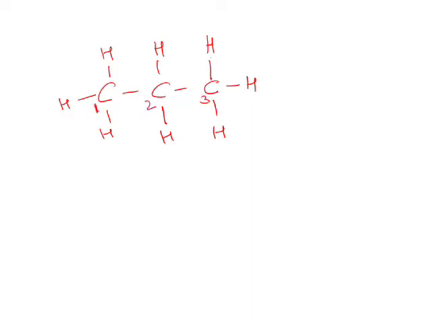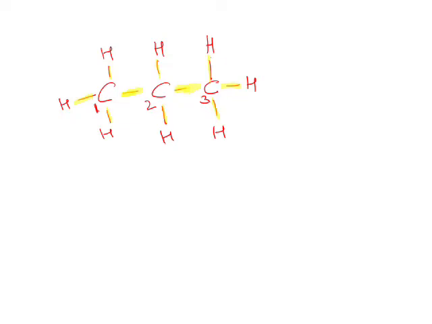Carbon number 1 already has 4 bonds: 1, 2, 3, 4. Similarly, carbon number 2 already has 4 bonds: 1, 2, 3, 4. Carbon number 3 already has 4: 1, 2, 3, and then 4, one more. So each carbon already has 4 bonds, so this structure is right.